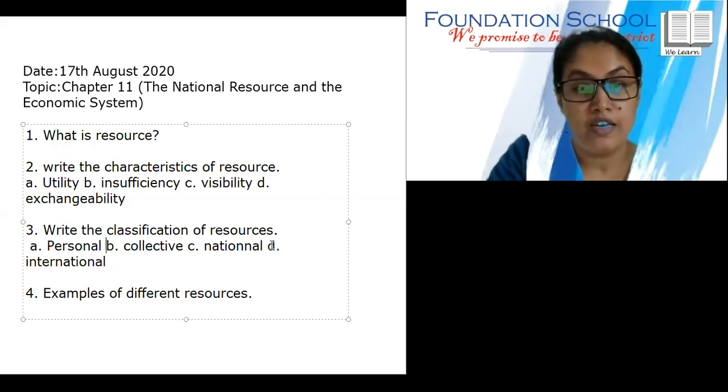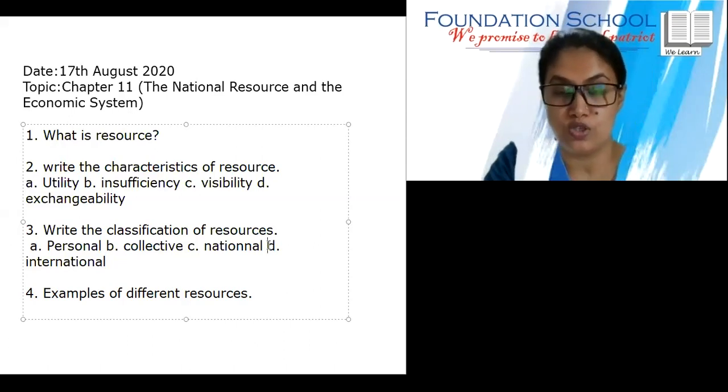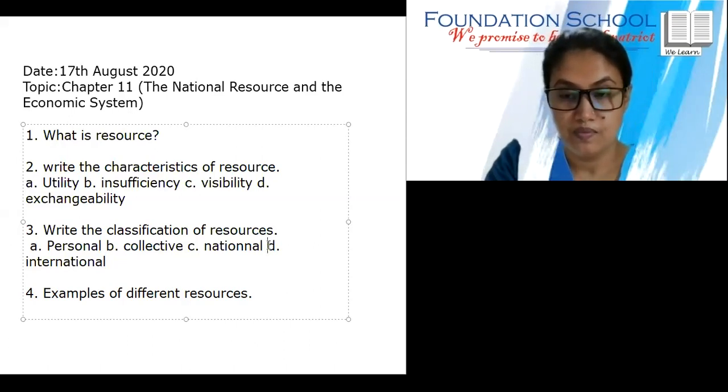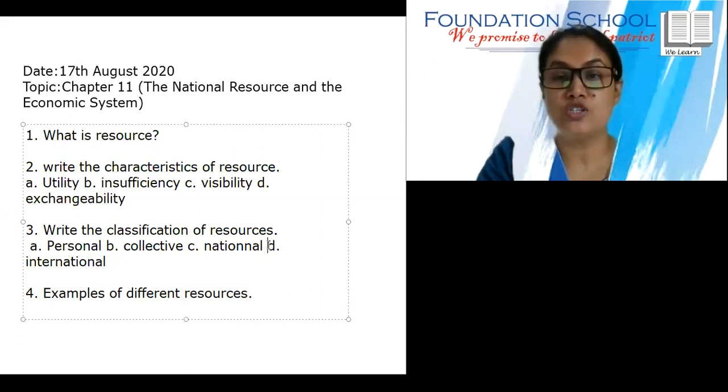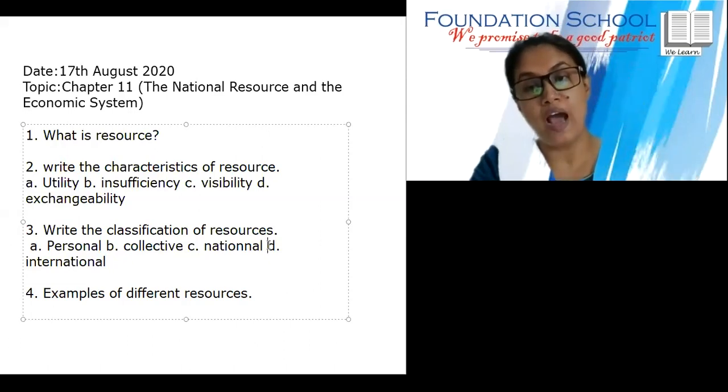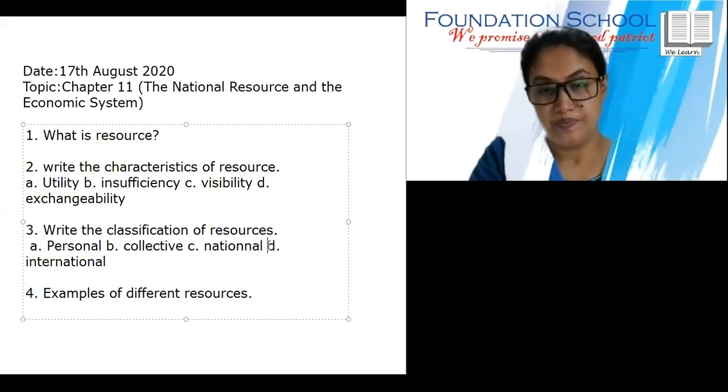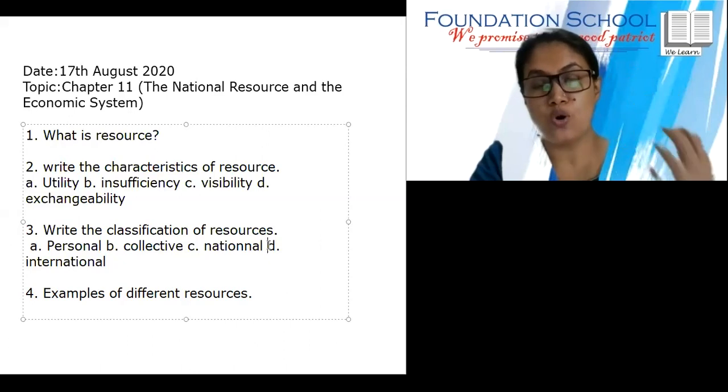Now come to the national resource. What are national resources? All the resources which are under the control of the state or union government are known as national resources. That means the resources under state control are called national resources.